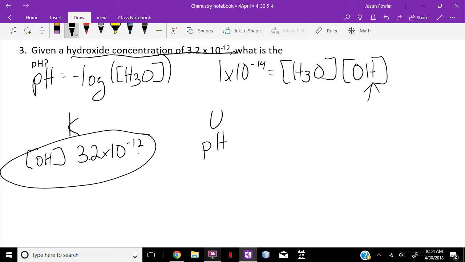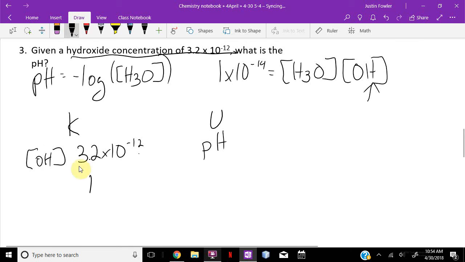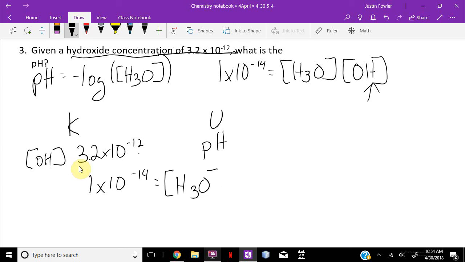So let's go ahead, let's do that. 1 times 10 to the negative 14 is equal to, we don't know the hydronium concentration, so I'm just going to leave a placeholder, times 3.2 times 10 to the negative 12.